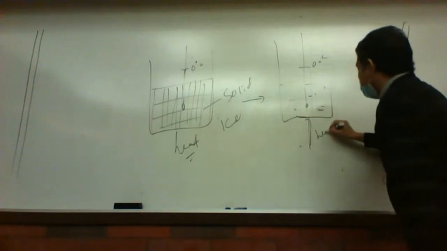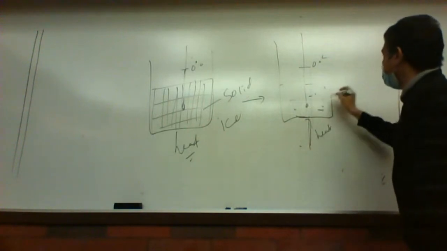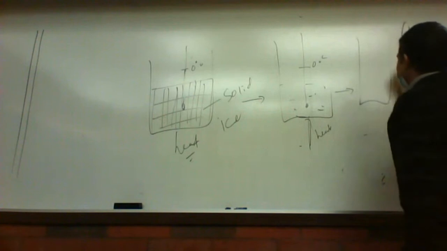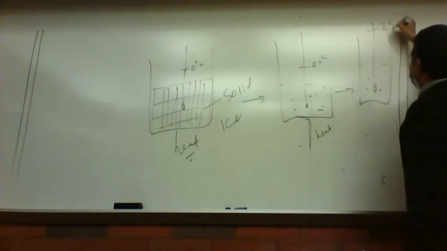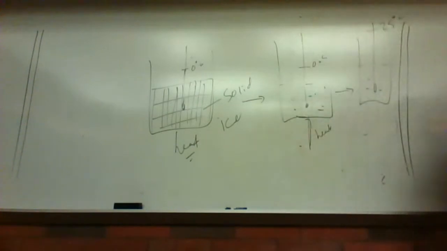Now if you heat further, the temperature starts to increase, maybe 25, 26, 27 degrees centigrade. That's how it works. Make sense? So as long as solid is there, no matter how much heat you give, the temperature does not change.